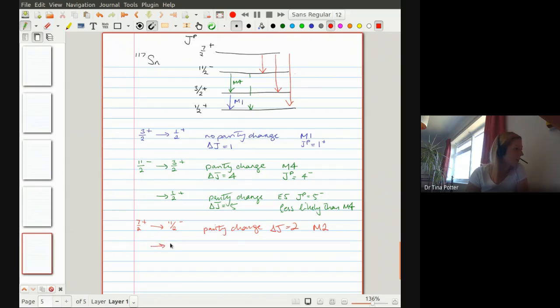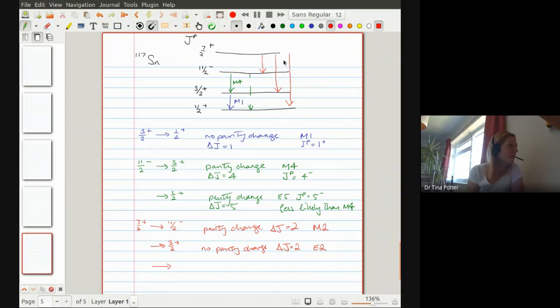Let's have a look at the one a bit further down. 3 over 2 even parity. There's no parity change here now. And we've got a delta J of 2. Oh yes, of course, in the other direction. So we can do this with an E2 transition.